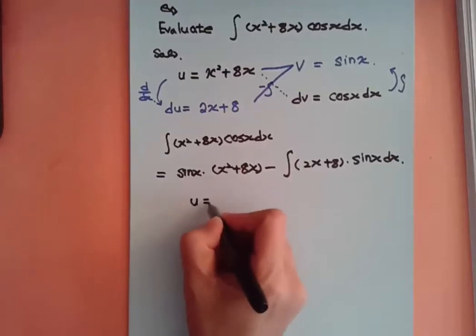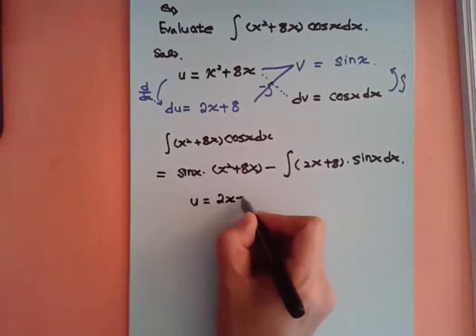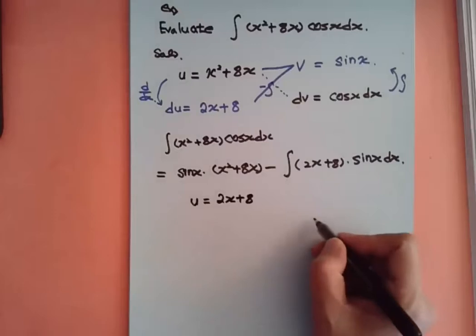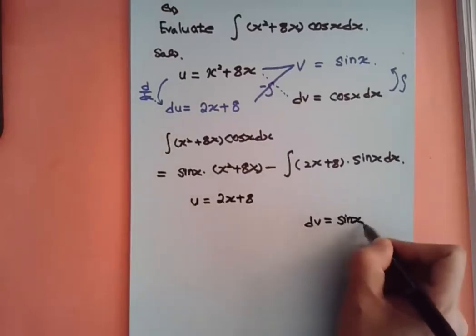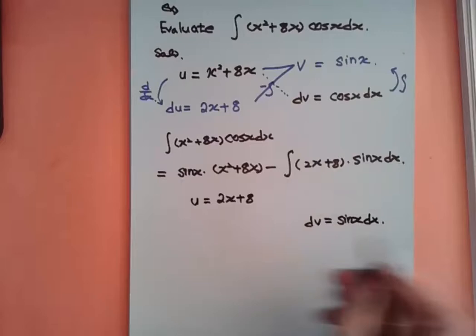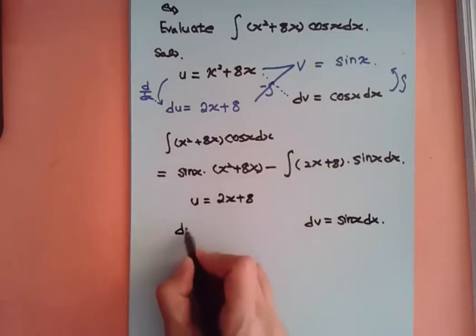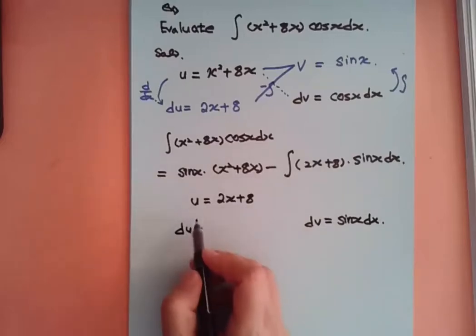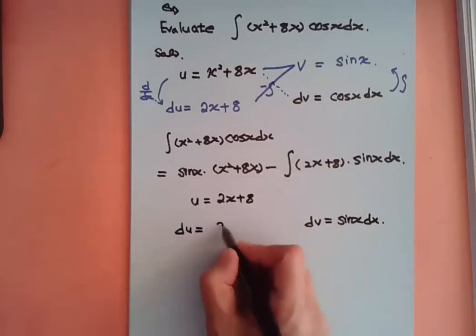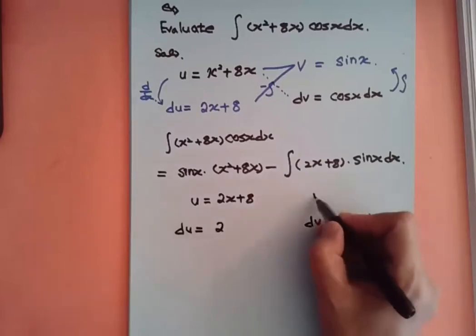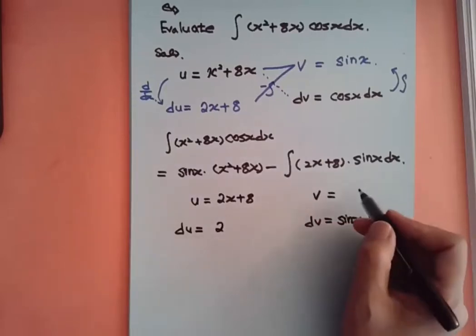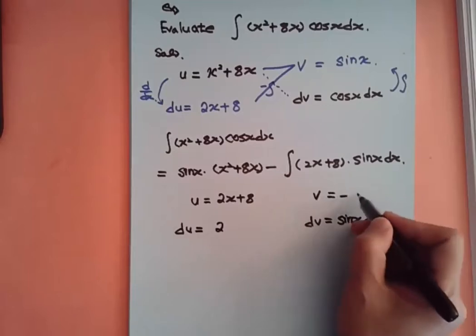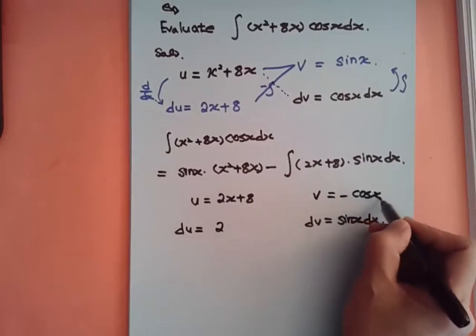So u equals 2x plus 8, and we will put dv equals sine x dx. And then we differentiate u, then we get 2. And if we integrate dv, then we get minus cosine of x.